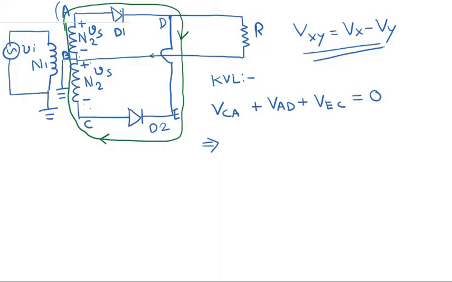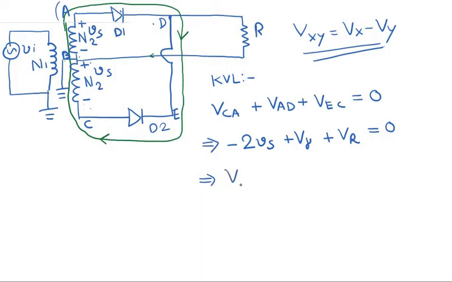VCA is basically Vc minus Va, which is 2 Vs. VAD is basically Va minus Vd, and as the voltage drop across the diode is V gamma, this VAD is equal to plus V gamma here. Okay, and plus VEC is the reverse bias voltage drop across the diode D2, so we just call it VR, R for reverse, is equal to 0.